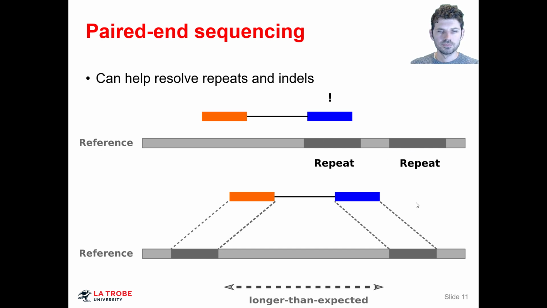So this can be really helpful for solving where your reads are supposed to map in repeat regions, or when you have insertions or deletions that cause your paired end reads to map to places that should be a bit closer together. So these are deletions in your sample relative to the reference.